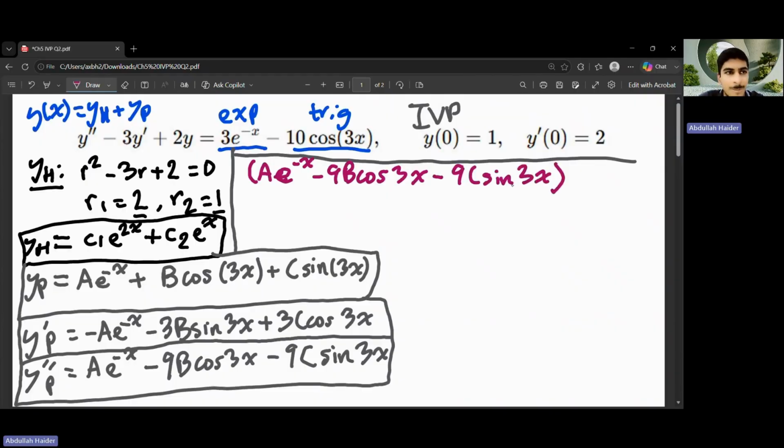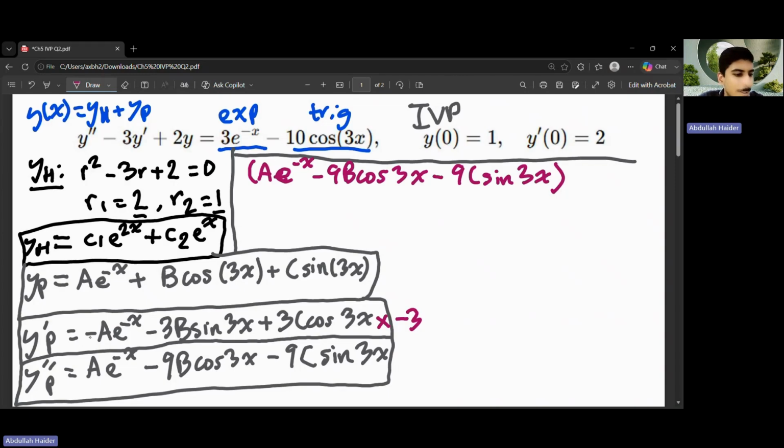This is our y double prime. Now, to avoid mess and congestion all over here, I'll multiply by negative 3 so that you can have something really neat and tidy. So you have minus 3y prime.